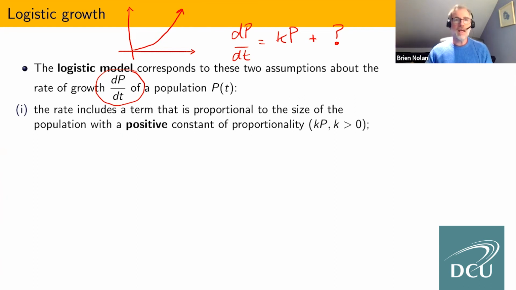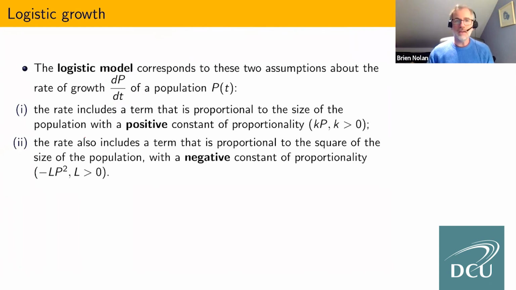Okay, so the second term that we include in the rate is a term that's proportional to the square of the population, so P squared, and that has a negative constant of proportionality.